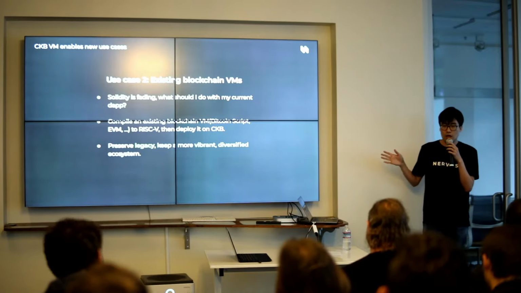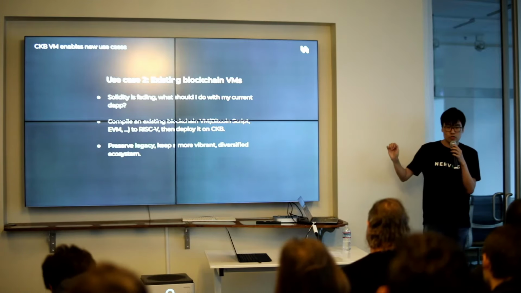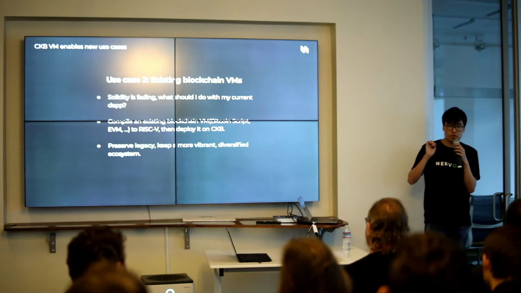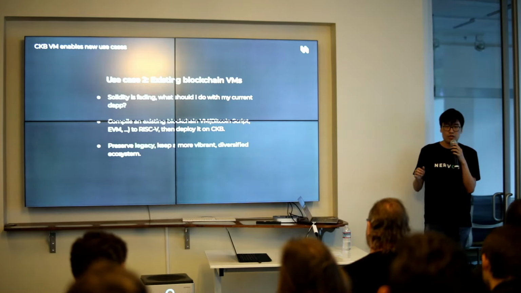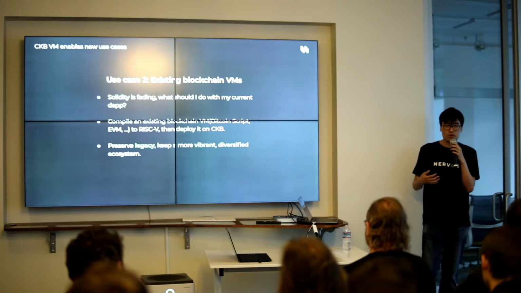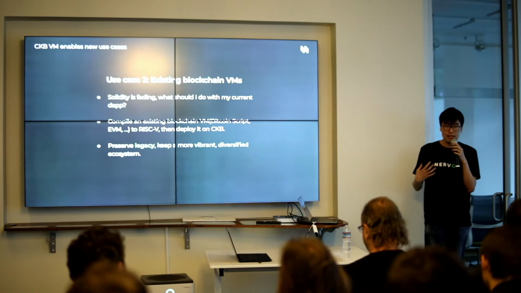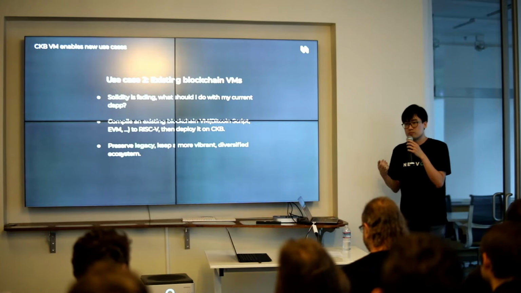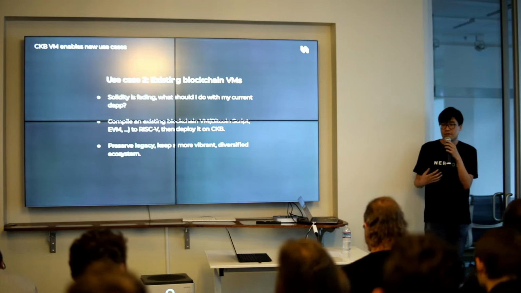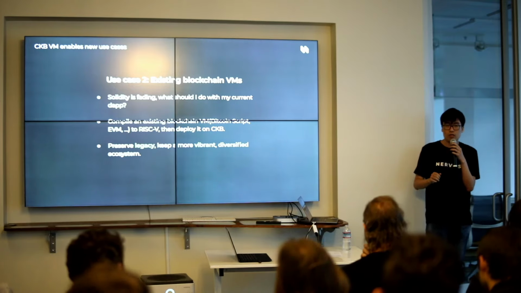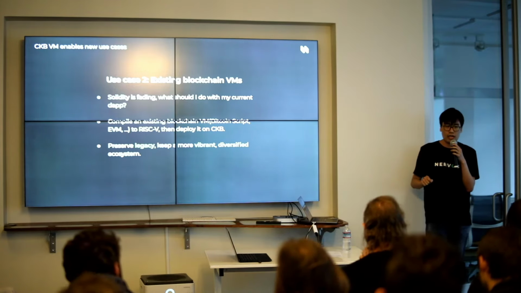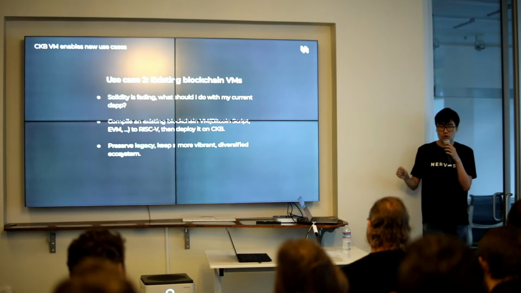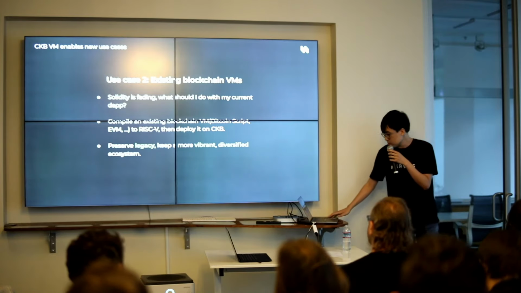I think this may not be a very large use case, but it helps us preserve legacy. It helps us preserve all the history we have. It preserves all the efforts we have spent in the existing blockchains. And it also helps make a more vibrant and diversified ecosystem because you are not bound by a single smart contract language. You're free to use your favorite one and any one you want.